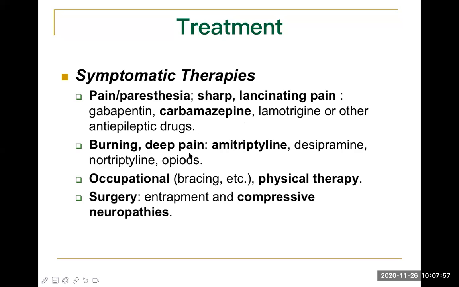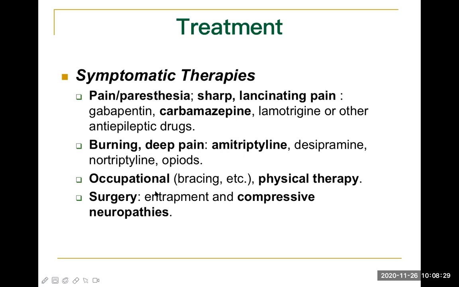In case of burning and deep pain, we can go for amitriptyline, desipramine, nortriptyline, or even opioid analgesics. Now these amitriptyline, desipramine, and nortriptyline belong to which classification? What type of drugs are they? Antidepressant, sir. Antidepressant, exactly. Wonderful. But once again, they are not used here for the antidepressant effect.